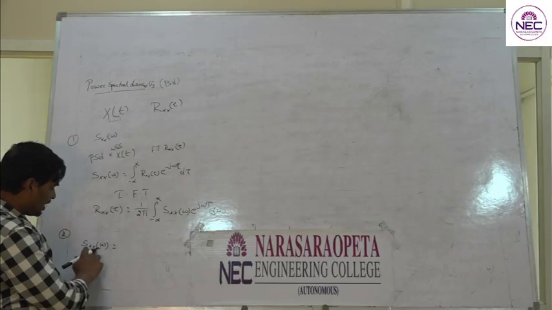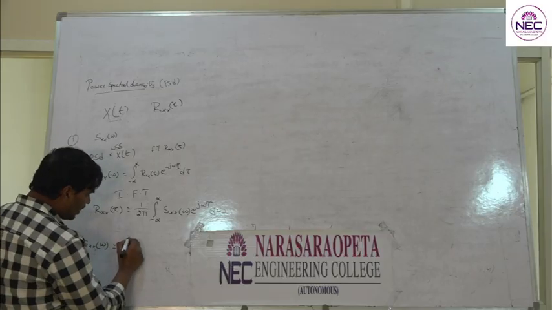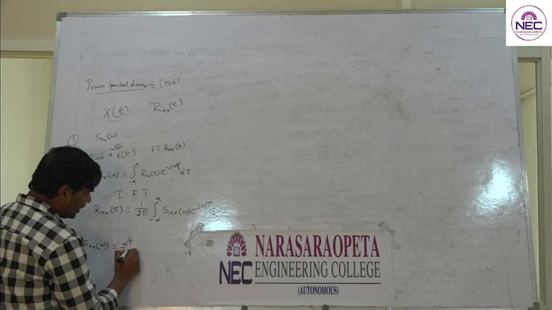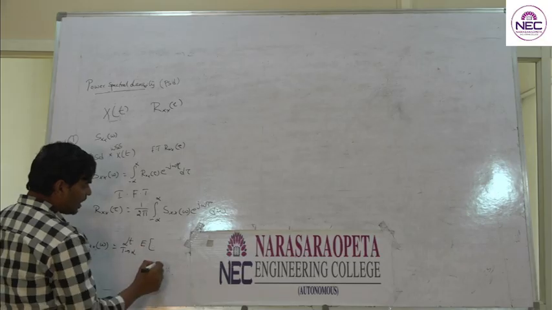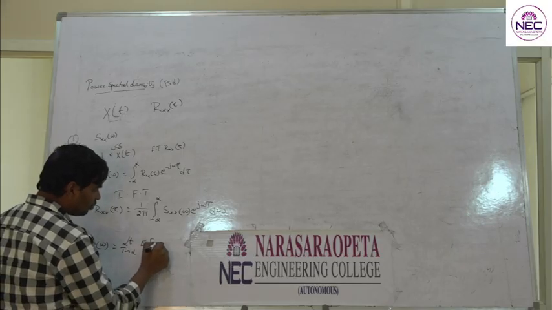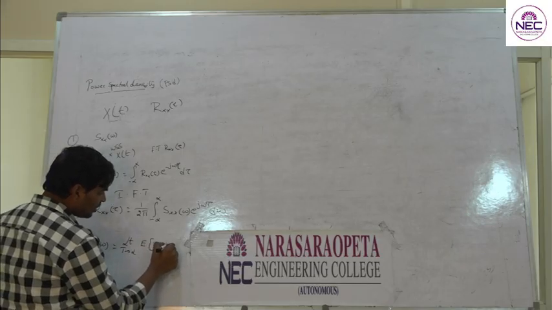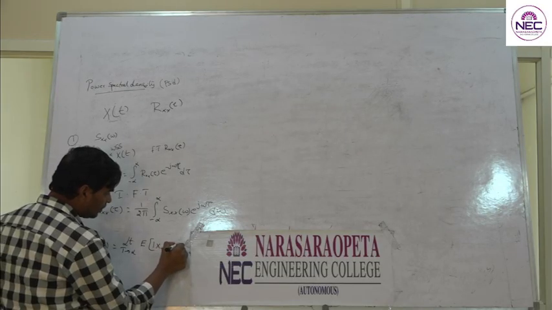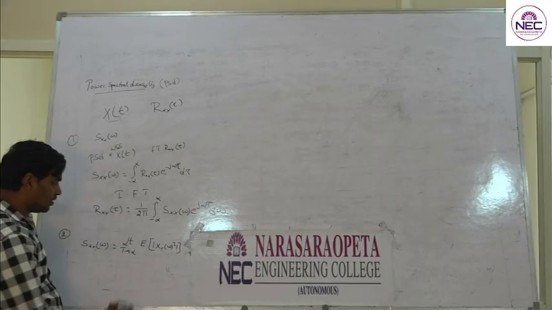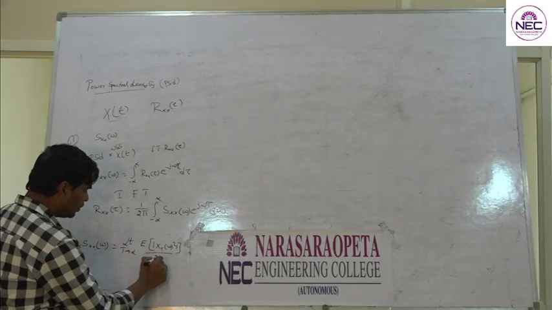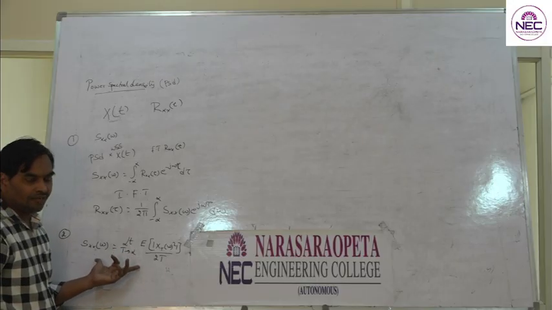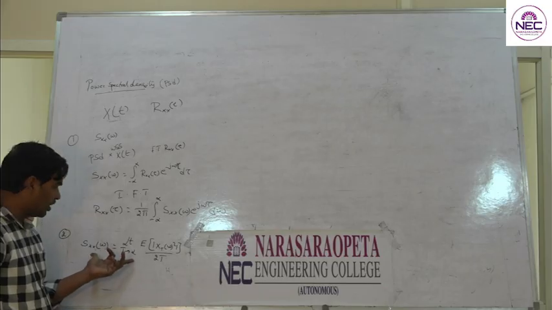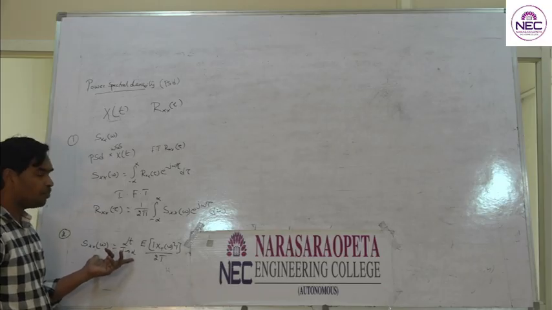It can be given as limit T tends to infinity of the expected value of magnitude of X_T of omega whole square by 2T. This is another formula for the power spectral density.